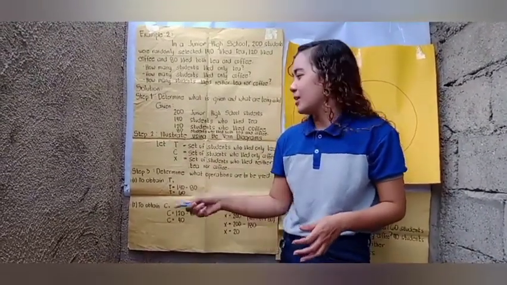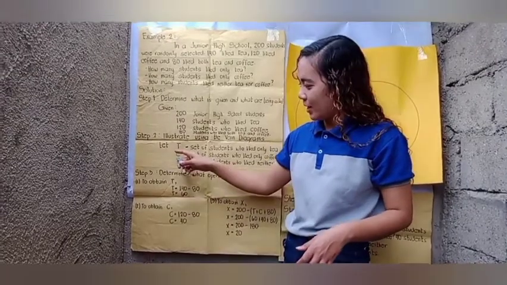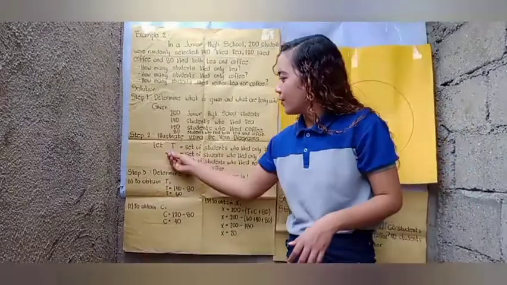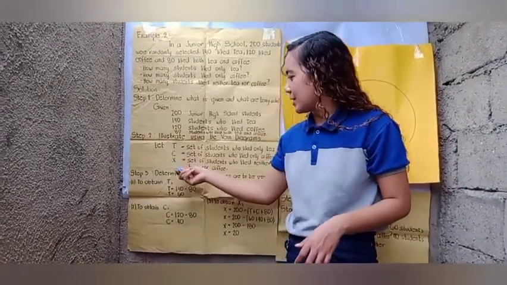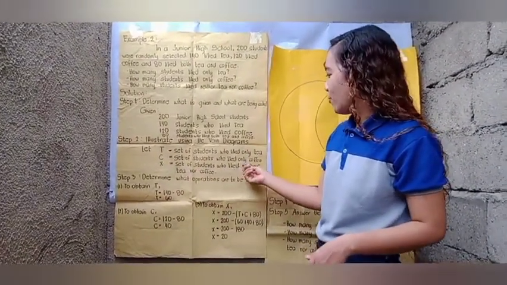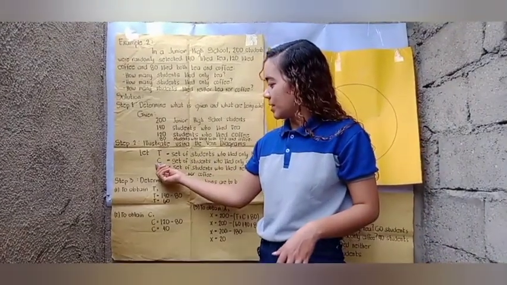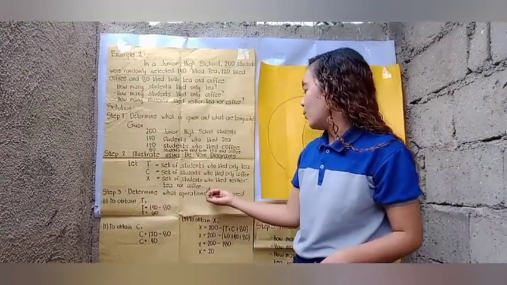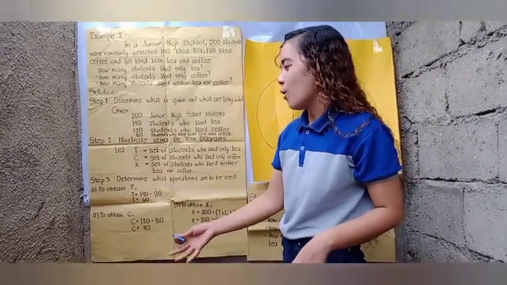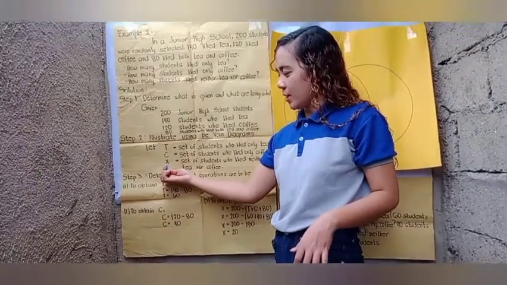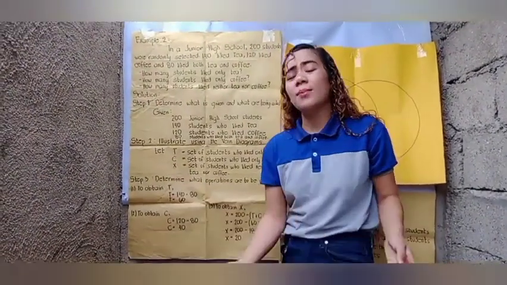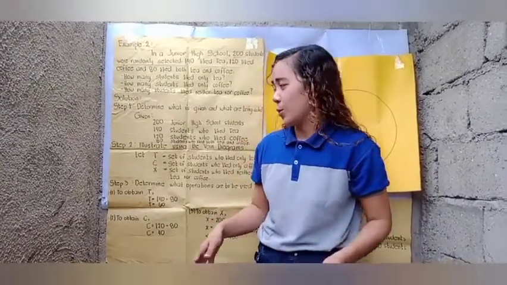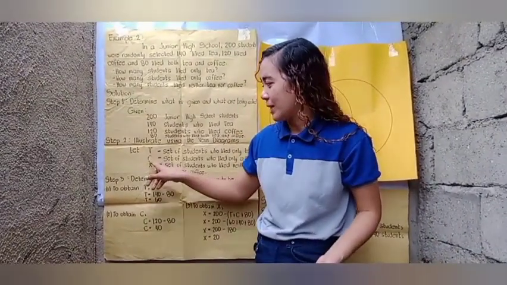So, sabi ko, I will let the students who like only tea be the variable T. And then, sa set naman ng mga students who like coffee, isinet ko ang variable into C. And then, sa student naman who like neither tea nor coffee, sinet ko ang value into X. So, depende sa inyo mga bata kung ano yung comfortable na variable para sa inyo. Pero sa akin kasi, ang ginawa ko ito, T, C, and X.